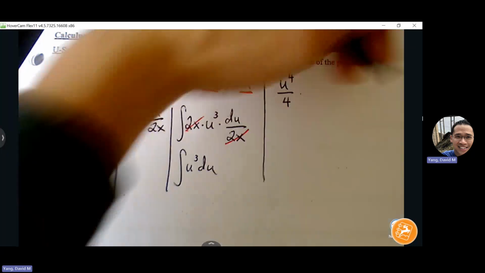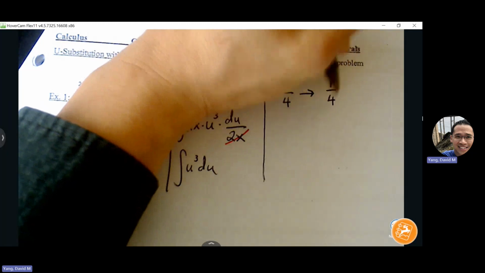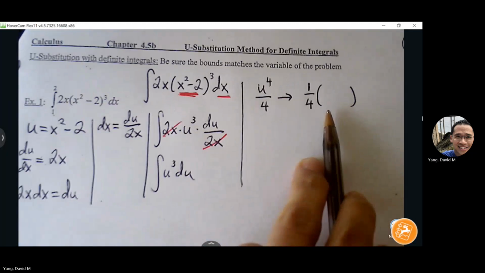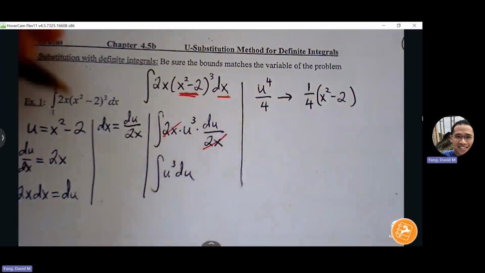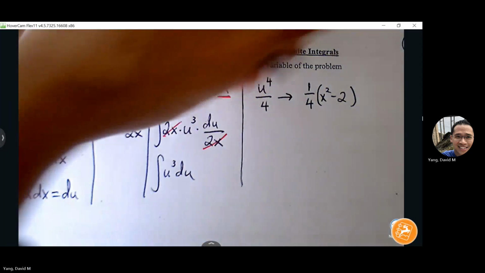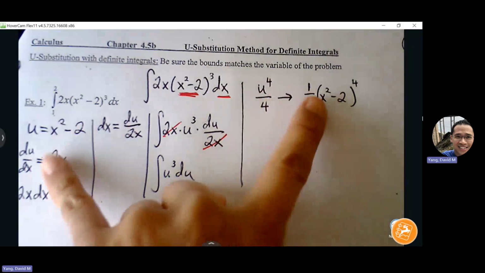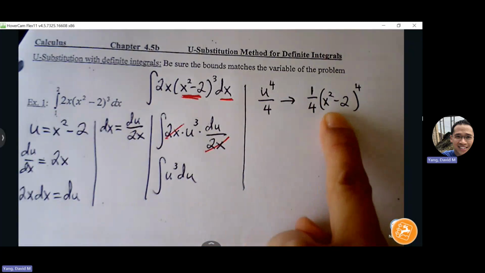X. So we got to bring that back, right? So if I want to bring that back, that's the same thing as 1/4 times parentheses what? X squared minus 2 raised to the fourth. Right, so this is what we would have done if we did not see the bounds at all, right? We would stop here and we would say plus c, and that would end the problem.